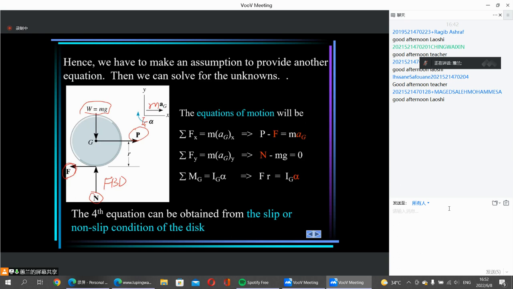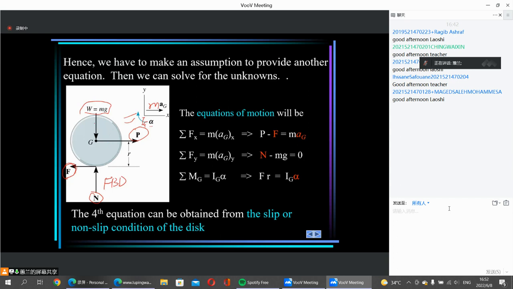So this is the kinetic force equal to mass times the acceleration of the mass center. Ig alpha is the mass moment of inertia about the mass center times the angular acceleration. Accordingly, they are two equivalent force systems.